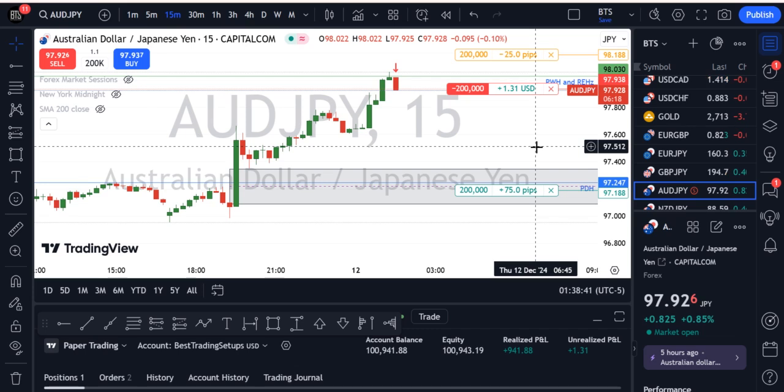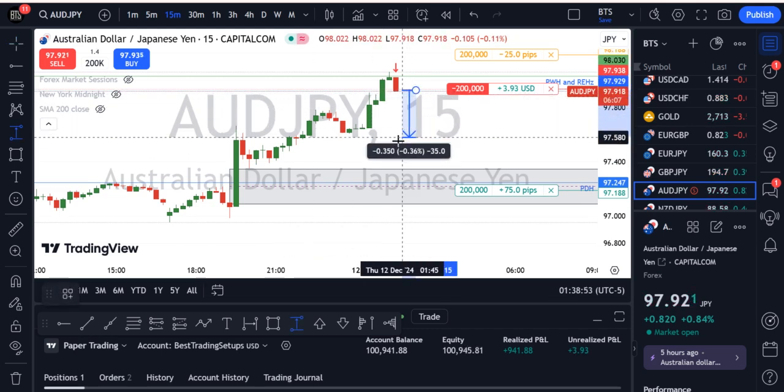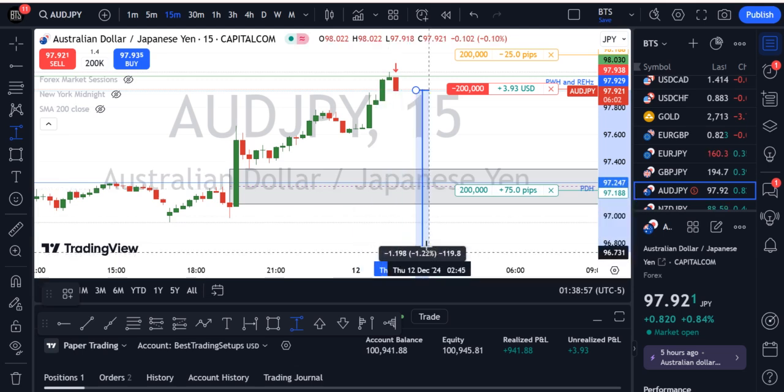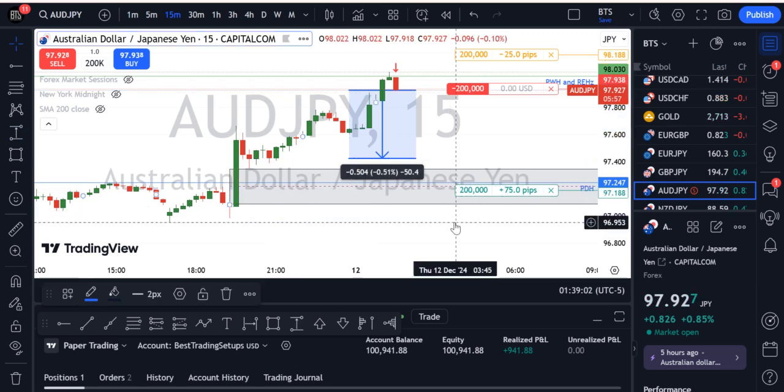So you get to know we have a 25 pip stop loss. Our take profit one will be 50 pips, right around here. Right around there is our take profit one, which is 7.214.